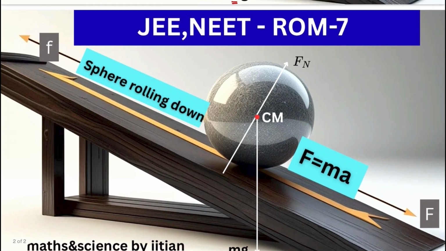I think you might have understood this diagram. This contact is never slipped. Contact is always present. The ball is rolling in this direction. Force is acting in this direction and friction is acting in this direction. Gravitational force is acting in this direction and this is the angle theta.